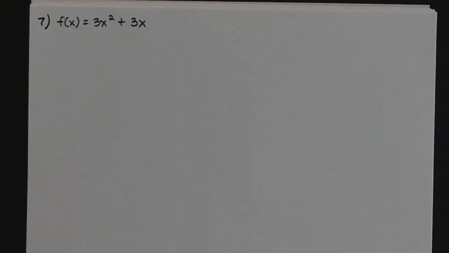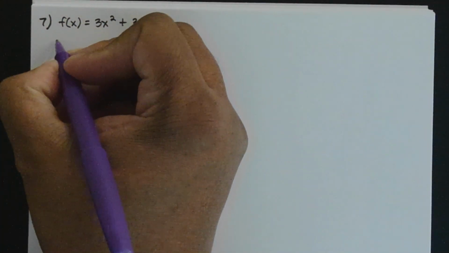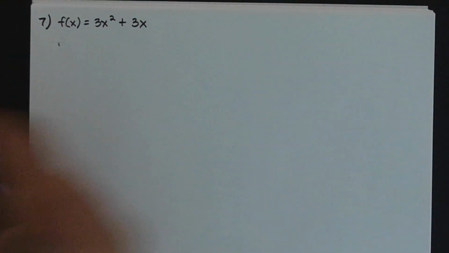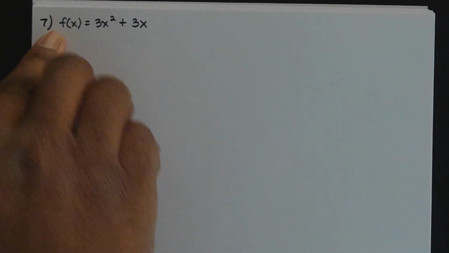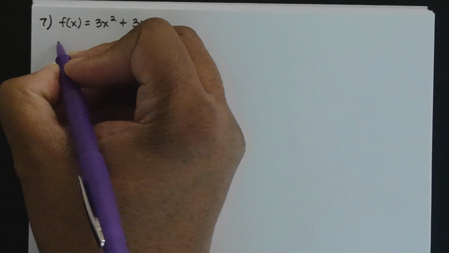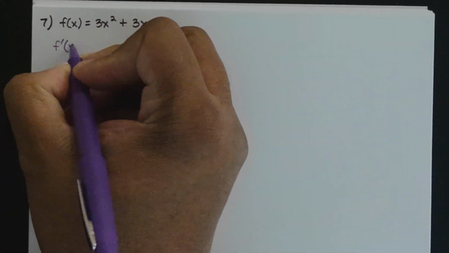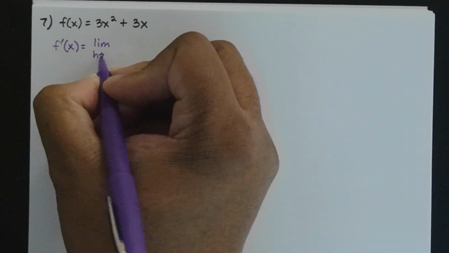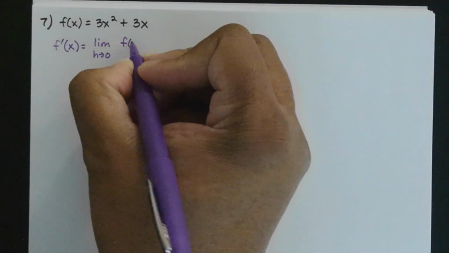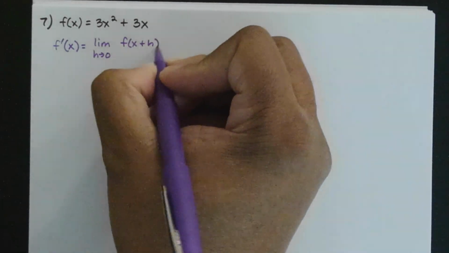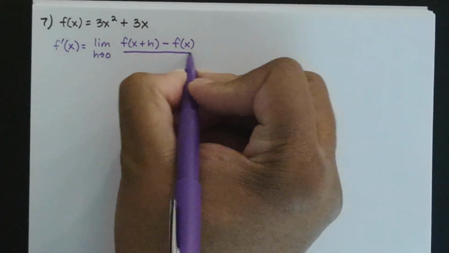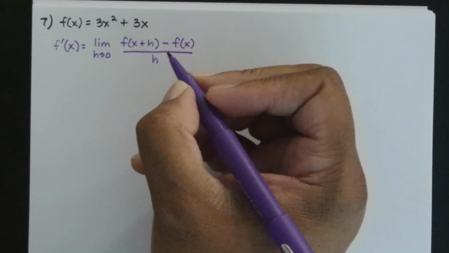And if you recall, the definition of the derivative is this. f prime of x will be the limit as h approaches 0 of f of x plus h minus f of x, the whole thing divided by h.